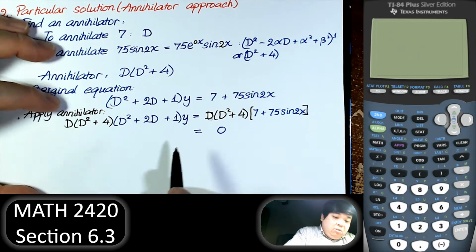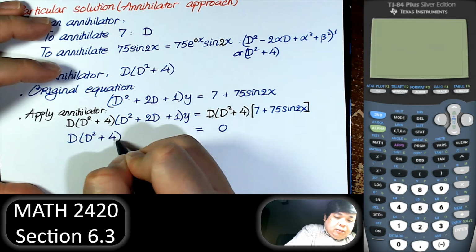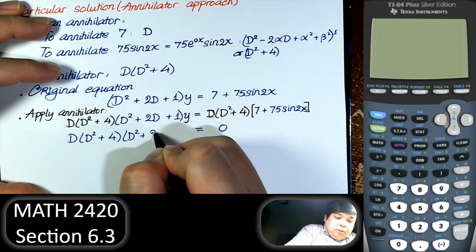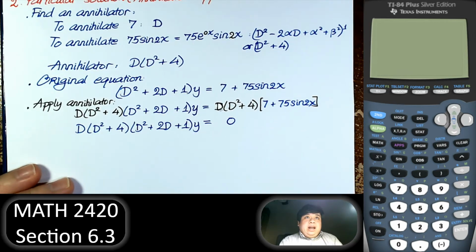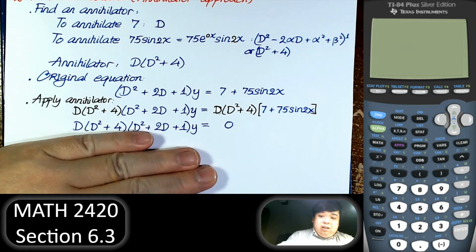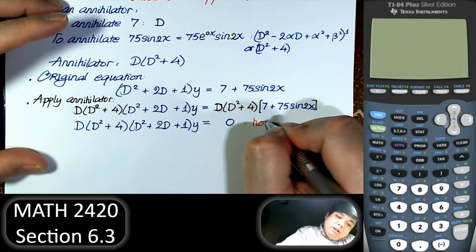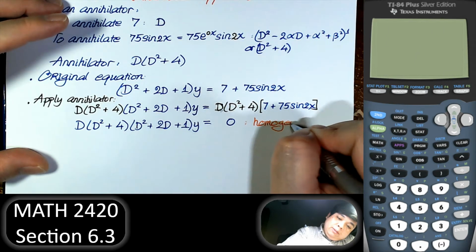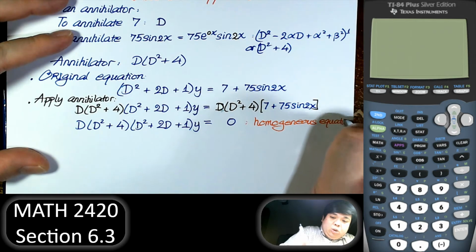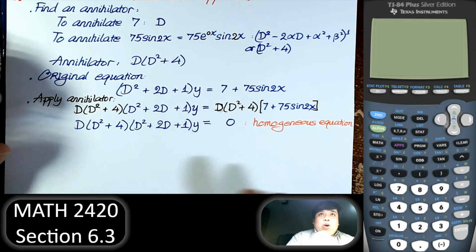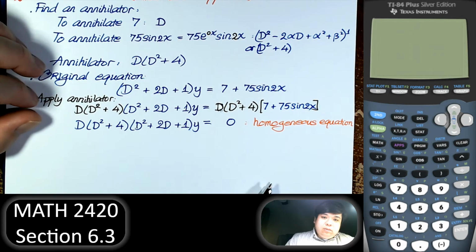On the right hand side, just leave it like that. Next, this is a homogeneous equation, right? When we apply the annihilator on both sides, we should have the homogeneous equation.